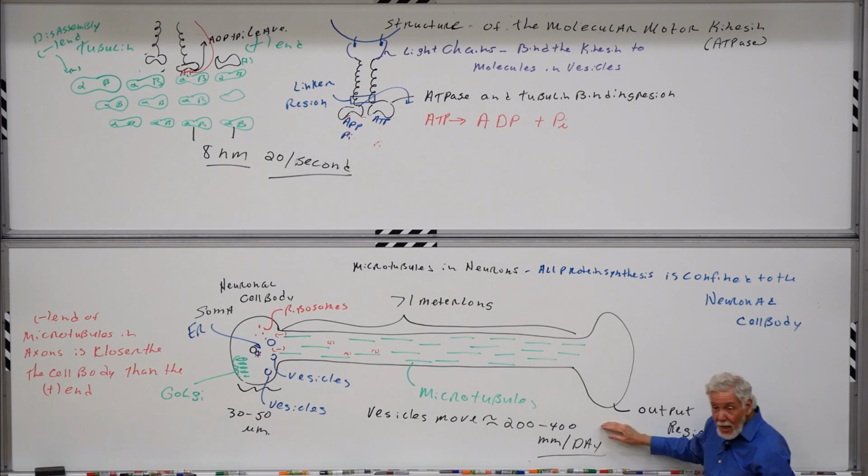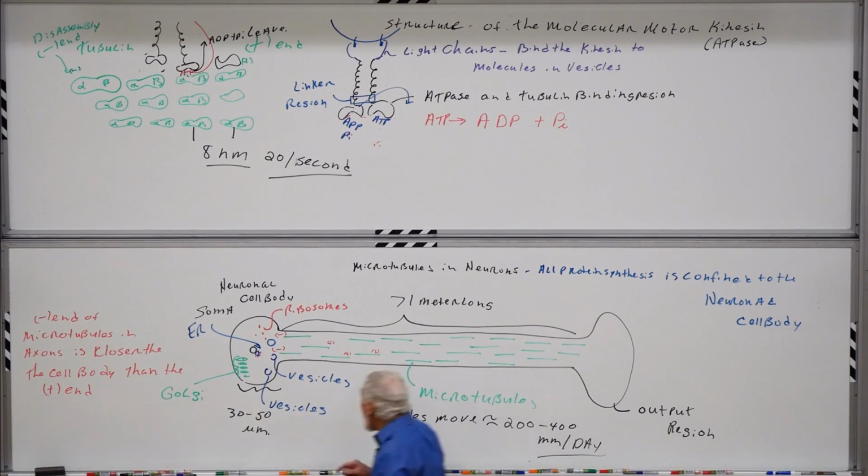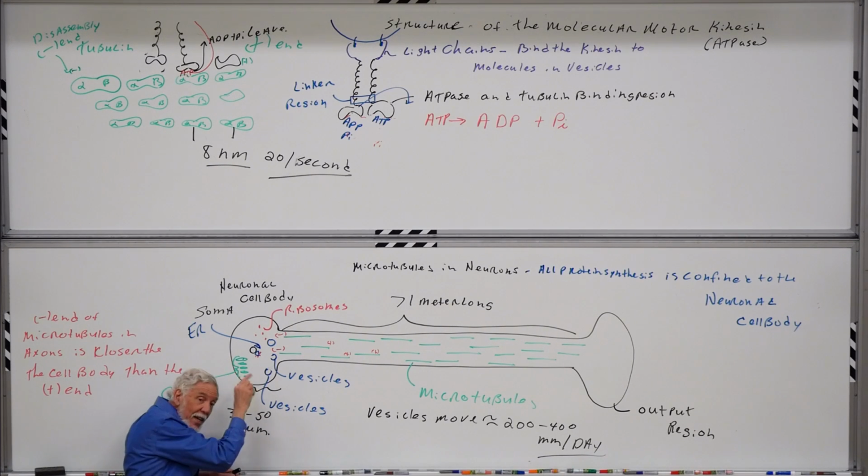This doesn't seem very fast or very far, 0.2 of a centimeter in a whole day. But remember, this 0.2 of a centimeter, this 200 millimeter transport, is derived from individual 8 nanometer steps. That's a lot of steps. It's a lot of ATP.